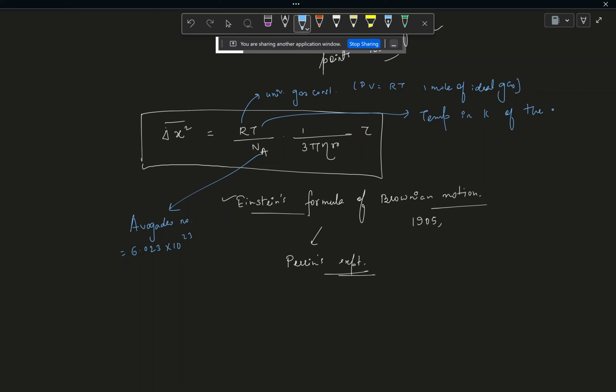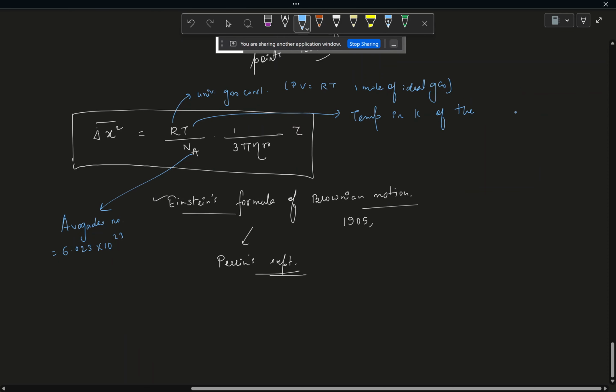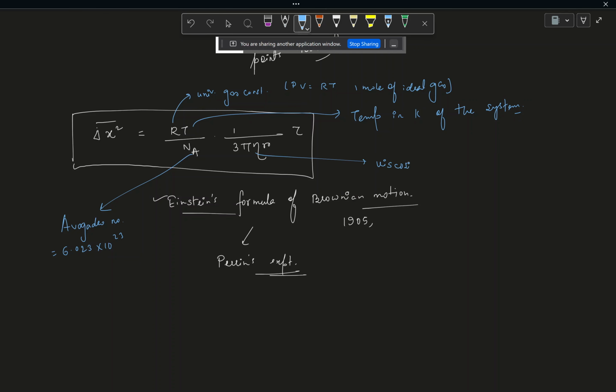of the system, basically the colloidal particle that is suspended in the medium, or any system that is giving you Brownian motion. So let us call it a system. And 3 pi is a constant. Eta is the viscosity. Viscosity is a property of a liquid which acts like a resistance of the liquid. Like friction as a resistance, you can think of it as equivalent to the friction of the liquid medium.